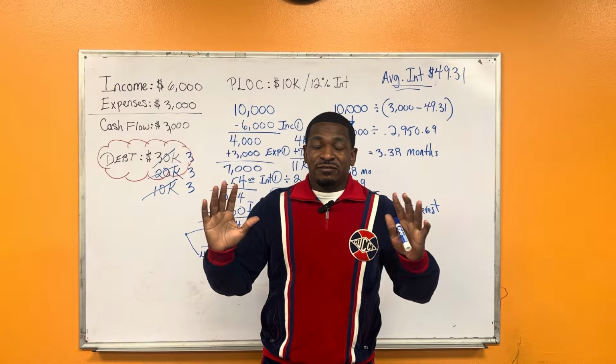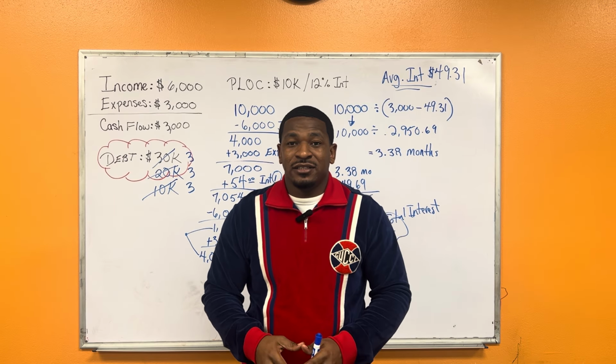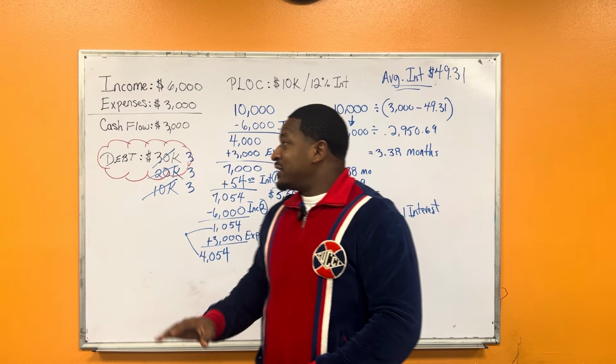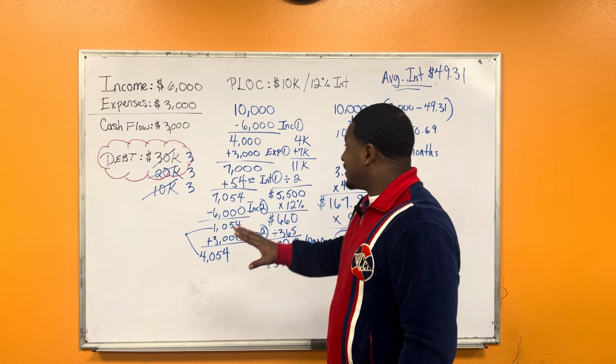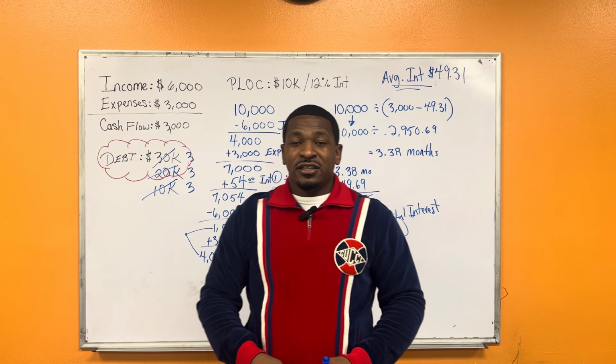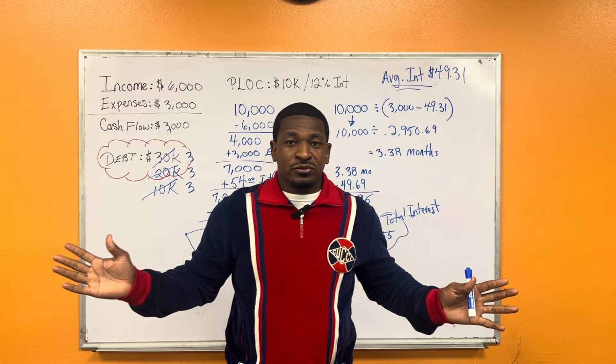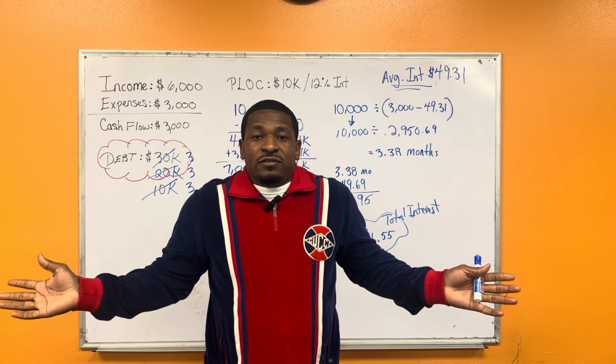So I just gave you a whole video educating you on where my numbers come from. These are where my numbers come from. This is not any magic. This is simple math that I use that the banking system don't use. They don't even know how to use it.